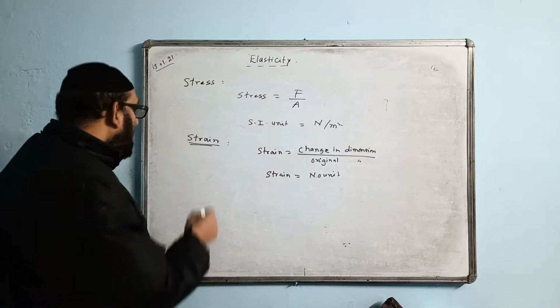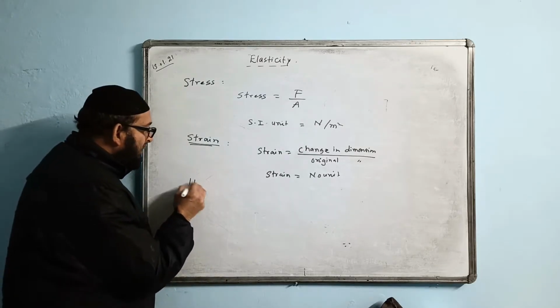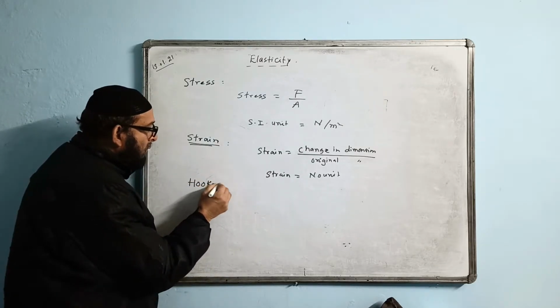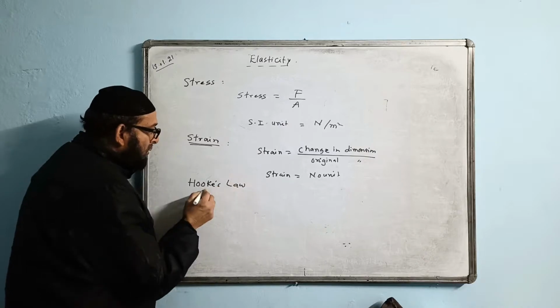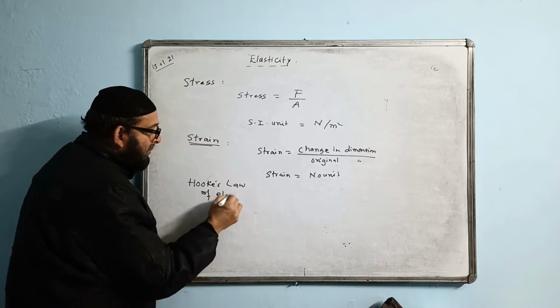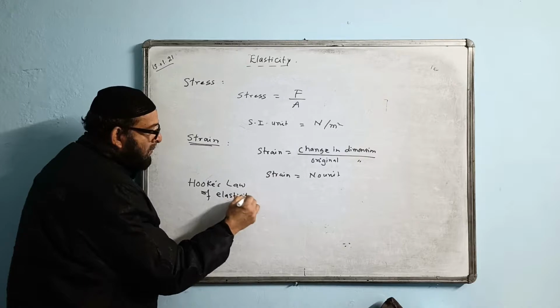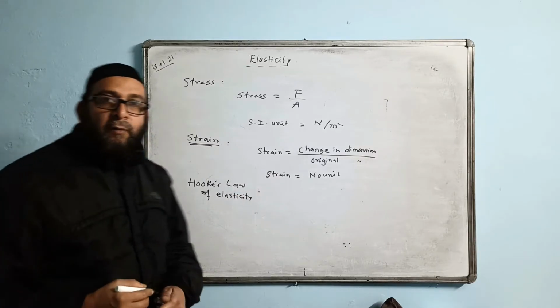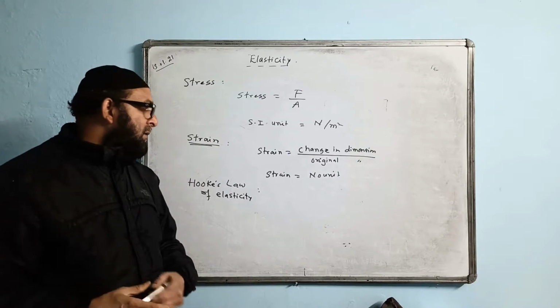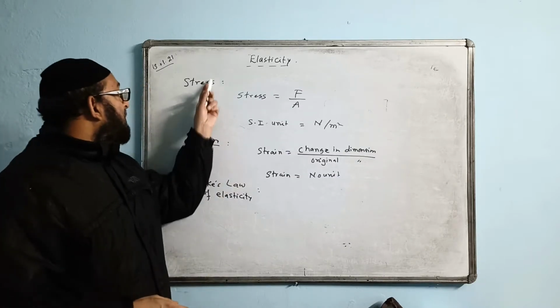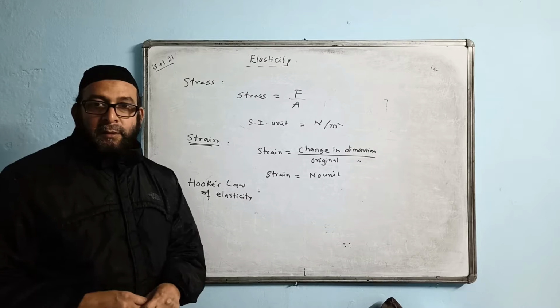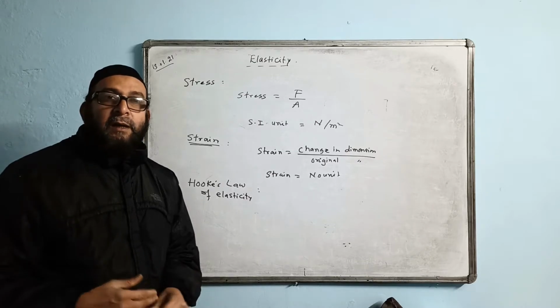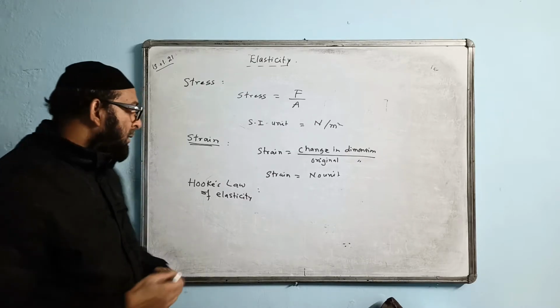So there is a law, it is called Hooke's law of elasticity. Hooke's law of elasticity says that stress is proportional to the strain, but within a limit, and that limit is called elastic limit.